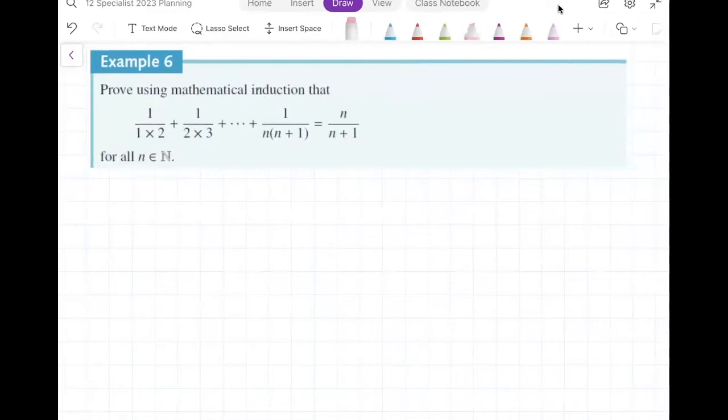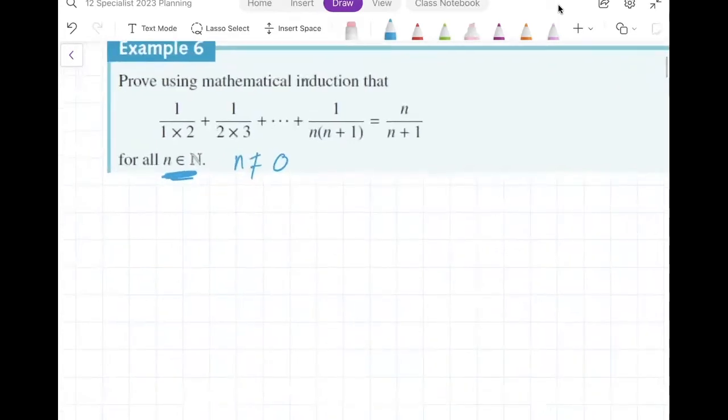This is just a partial sum for n is a natural number. Just as a little bit of a refresher on our set notation, natural numbers actually doesn't include 0. So n can't equal 0 in this particular sum, but it can equal 1, 2, 3, 4, etc. It's also going to include positive numbers as well.